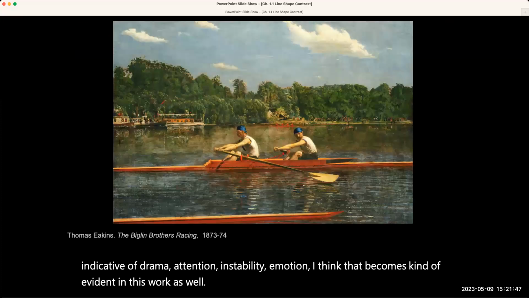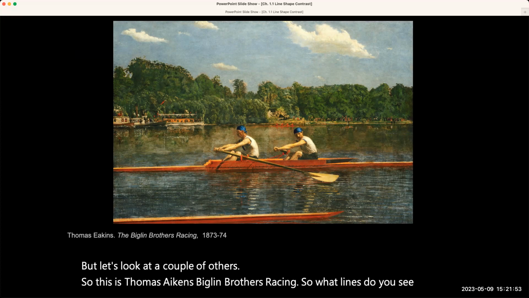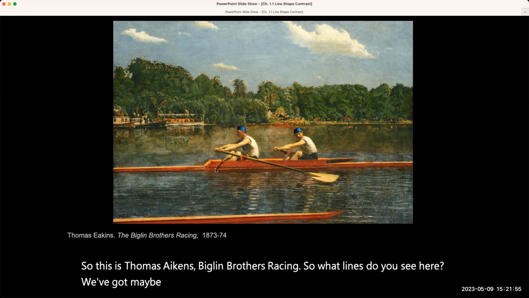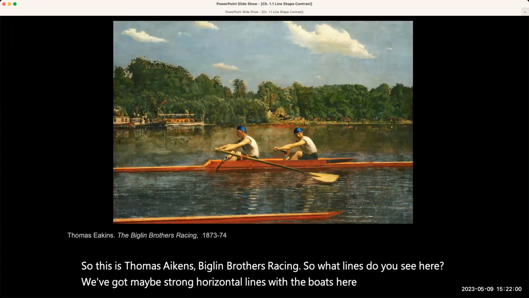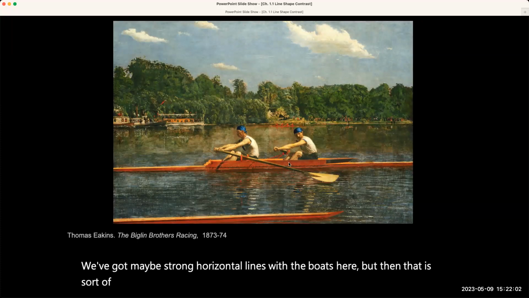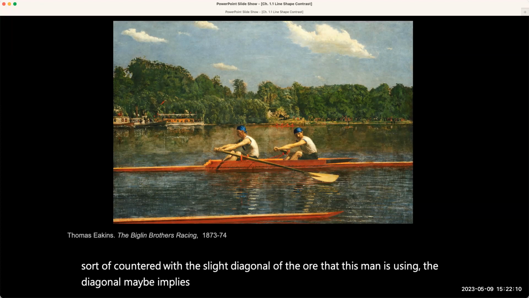But let's look at a couple of others. So this is Thomas Eakins' Biglin Brothers Racing. So what lines do you see here? We've got maybe strong horizontal lines with the boat here, but then that is sort of countered with the slight diagonal of the oar that this man is using. The diagonal maybe implies motion or energy.